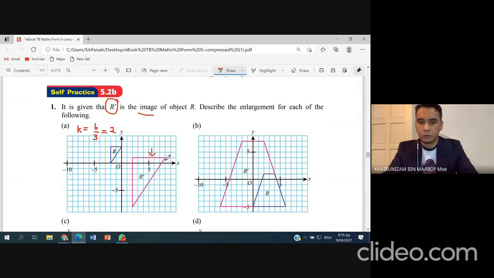And then how to find the center of enlargement? Ambil pembaris, buat macam gini, gariskan sampai dia bertemu antara satu sama lain.